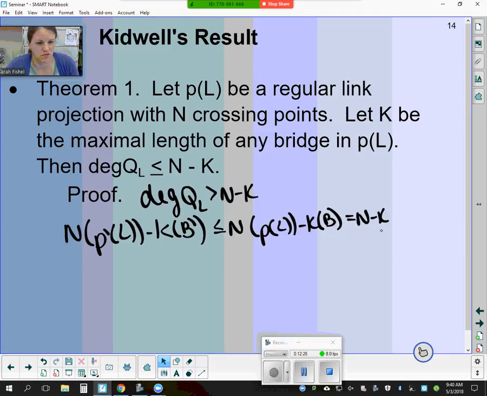And we know that n minus k, based on our counterexample assumption, would have to be less than the degree of Q of L.